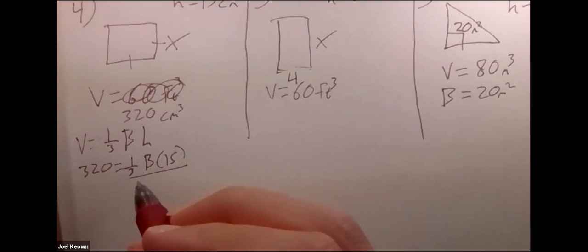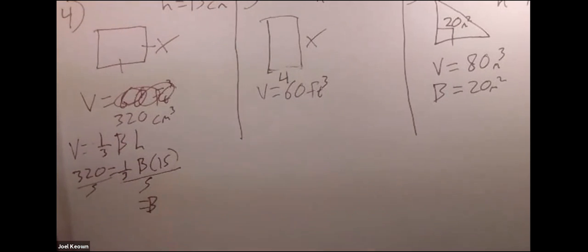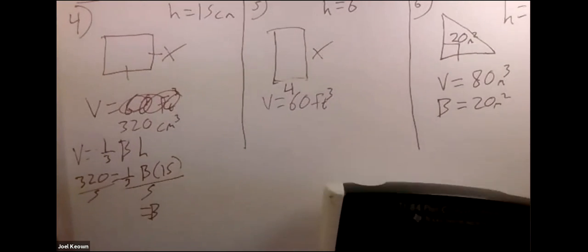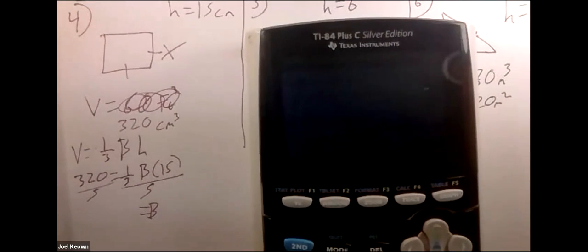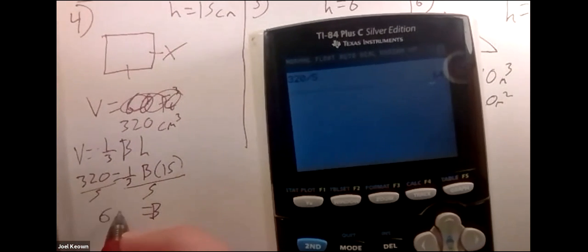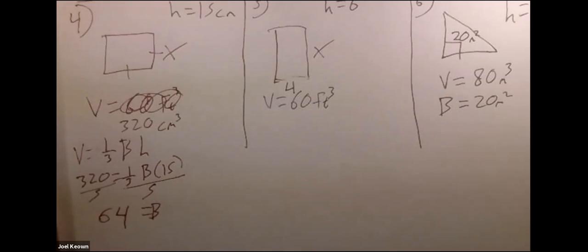So if I divide both sides by 5, I'll get B equals 320 divided by 5, which comes out to 64. Okay. So my base is 64.